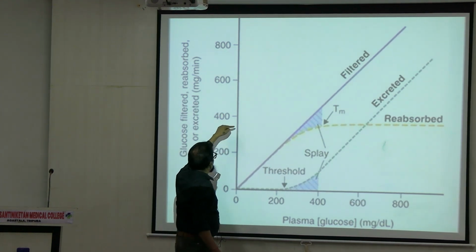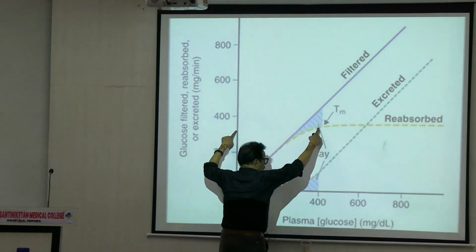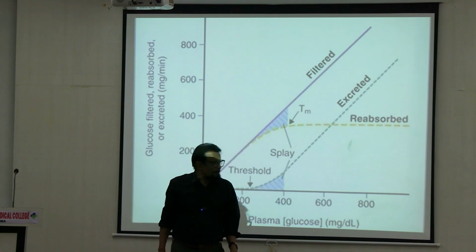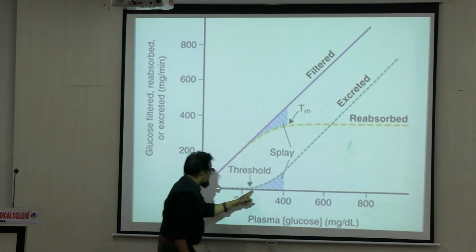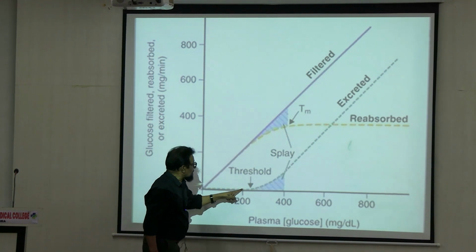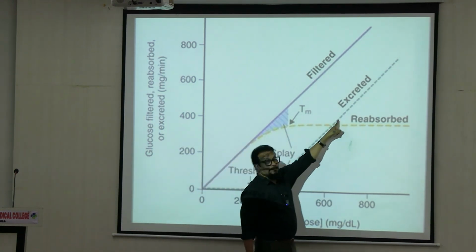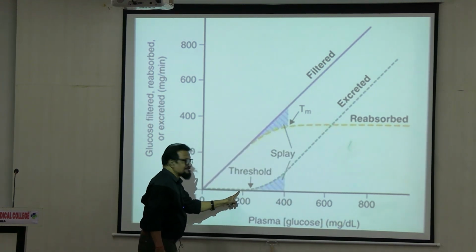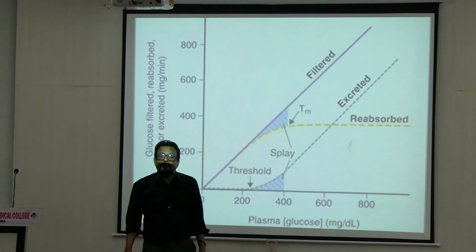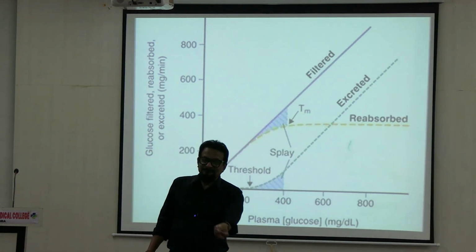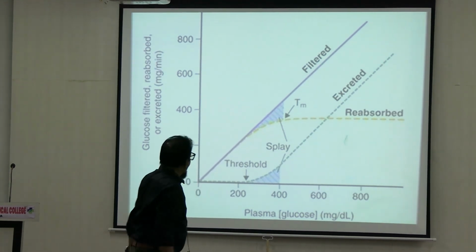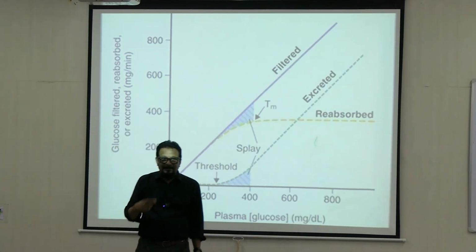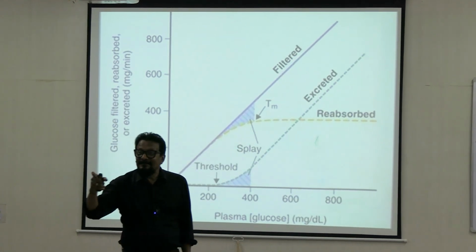So at this time, 375, what is the plasma glucose level? Nearly 400. But you can see that much before, glucose starts appearing in the urine. So this level, 180 or 200, is the renal threshold for glucose. And this area is called the splay. So what is splay? Explain it in the relationship of this and this.